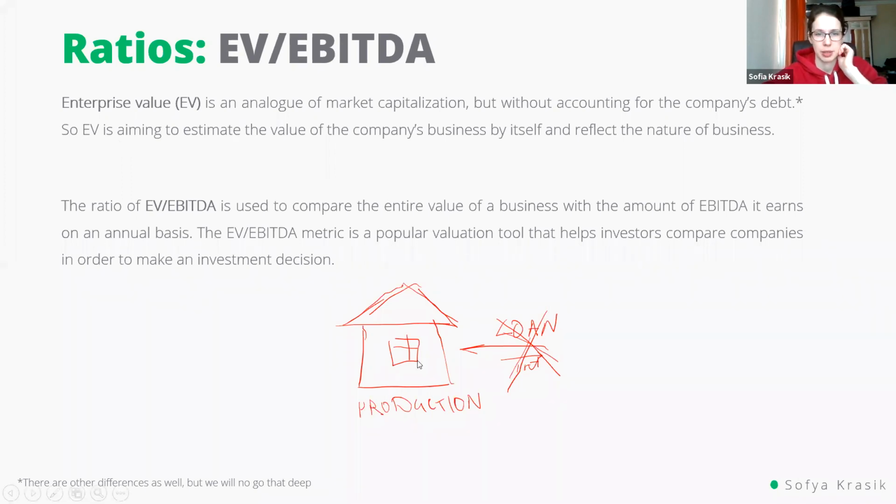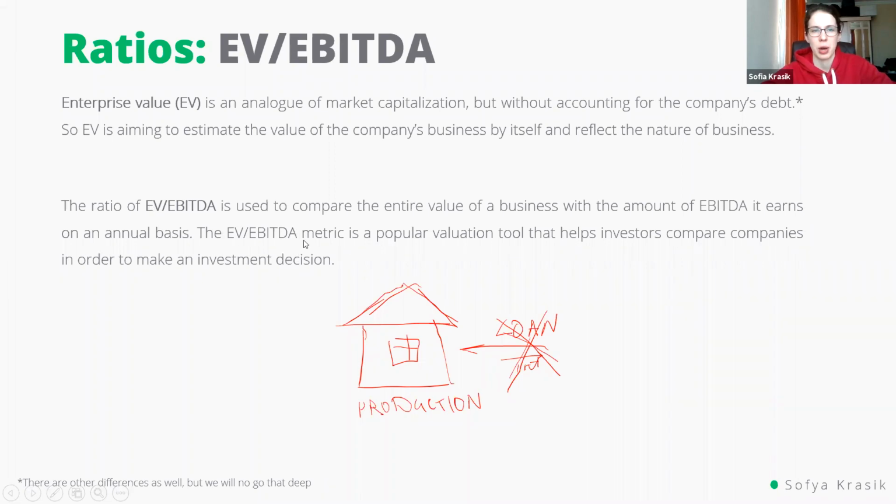One example of using EV is the ratio of EV to EBITDA. It can be seen as comparing how much the company costs, its natural value, and how much more that is than what the company earns.